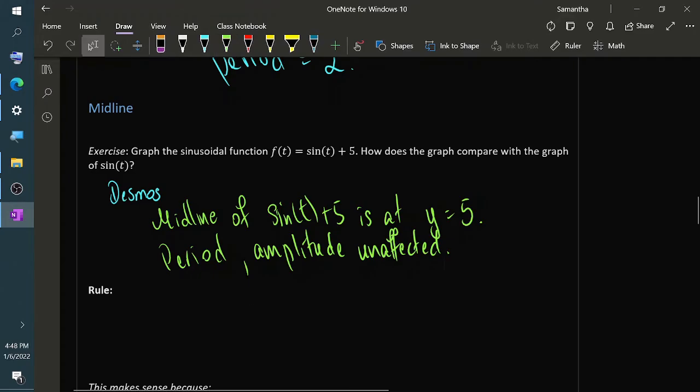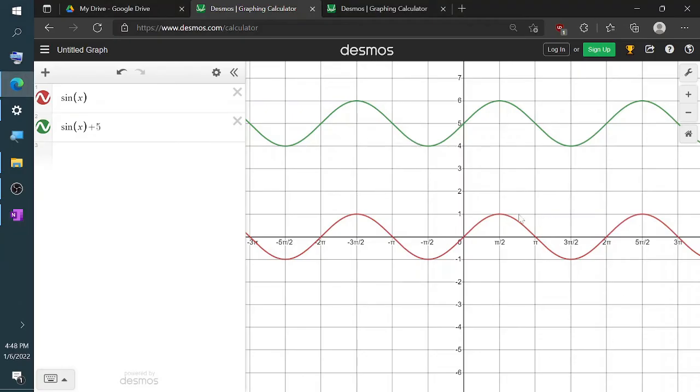Let's go back to that Desmos picture for just a second. Both the red sine and the green shifted sine repeat every 2 pi units, so the speed of the cycle has not changed at all. Additionally, the amplitude has not changed. Here, for the red original sine, the amplitude is of course 1 unit to get from y equals 0 up to y equals 1.